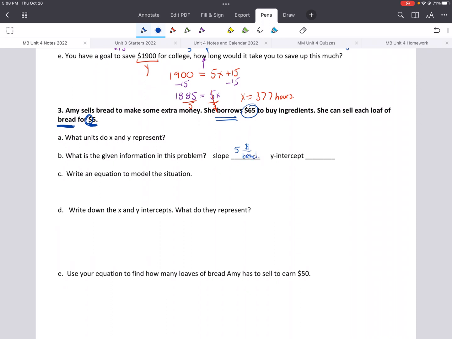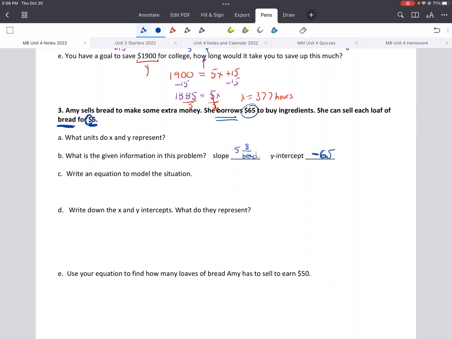Okay, so that would be like our slope. It's something that changes. She sells that bread. Okay, she's getting $5 extra every time. So here we have positive growth. She's gaining $5.